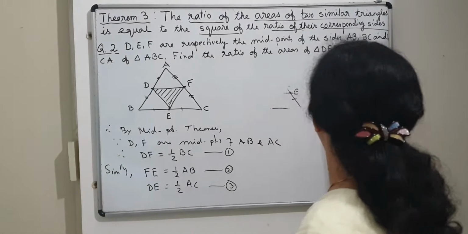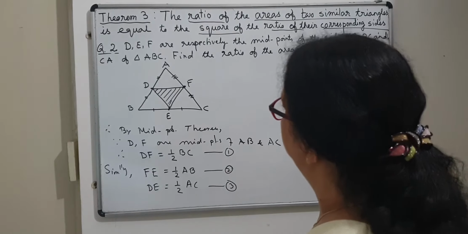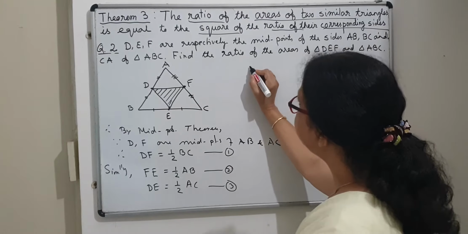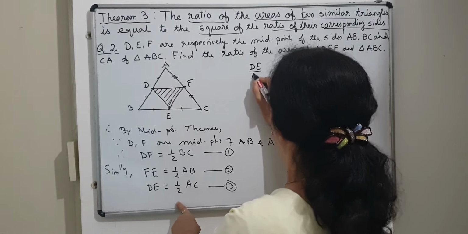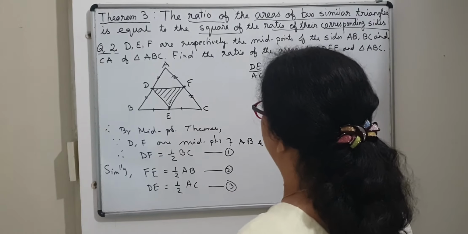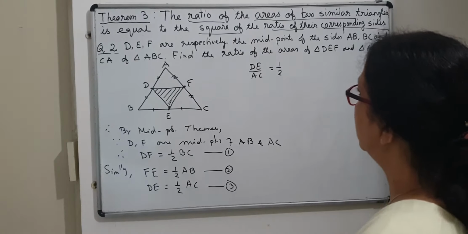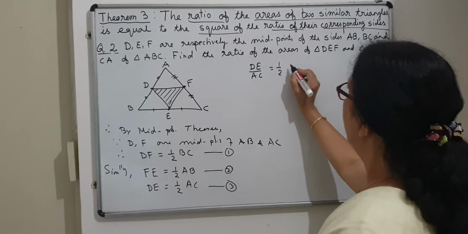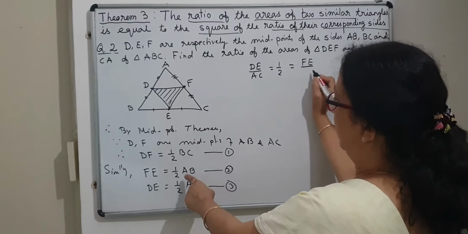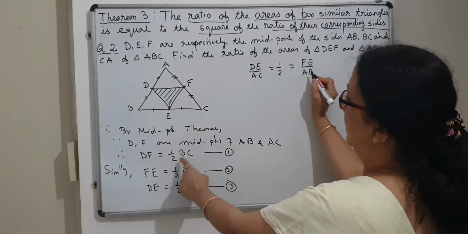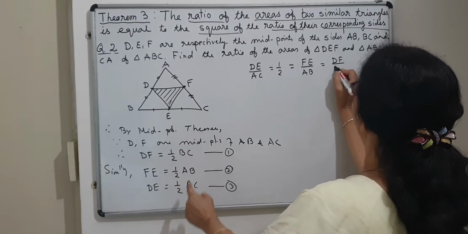So these three equations can be written in this way. Let me start with this: DE by AC is equal to half, and also FE by AB is half, and from here DF by BC is half.